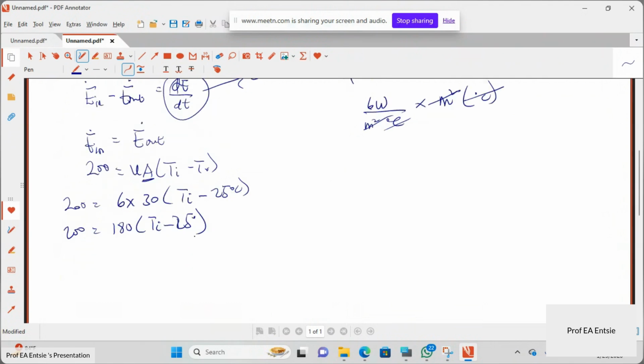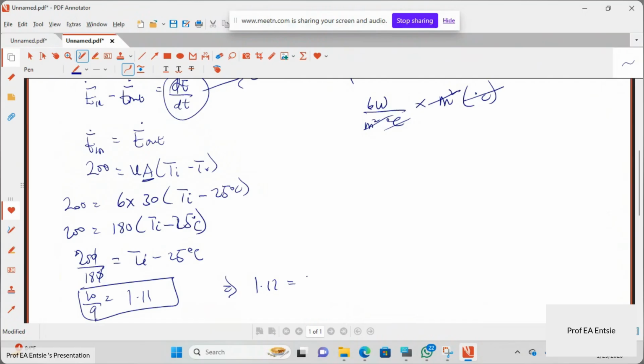This is mathematics now. So I have 200 over 180 equal to Ti minus 25 degrees Celsius. This is 10 over 9, which is 1.11. This implies that 1.11 is equal to Ti minus 25 degrees Celsius.